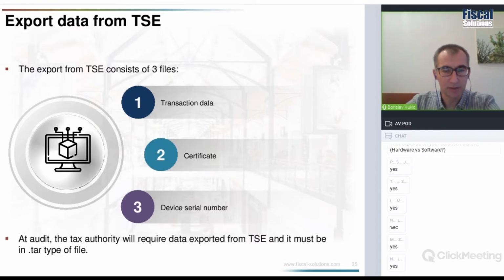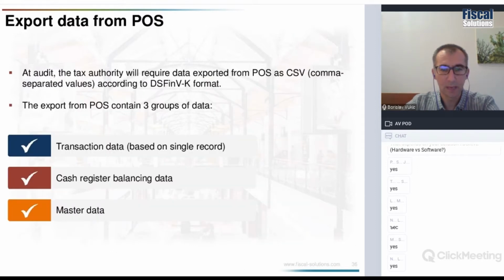The export from the TSC consists of transaction data, certificate, and device serial number. Data exported from the POS must be in CSV type of file, according to the DSFIN VK format. The export from the POS contains three groups of data: transaction data, master data, and cash register balancing data.